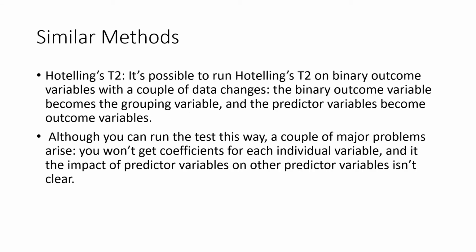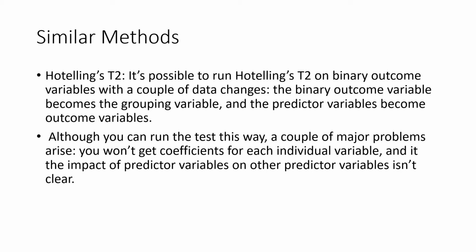There have been many other methods apart from Logit model and probit model, which have similarity with them. So Hotelling's T2 is another method. This too uses some binary variables with a couple of data changes.